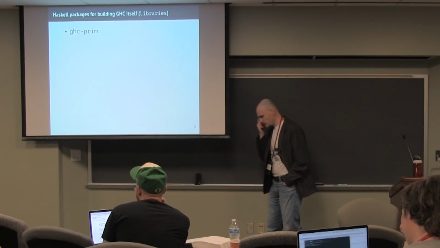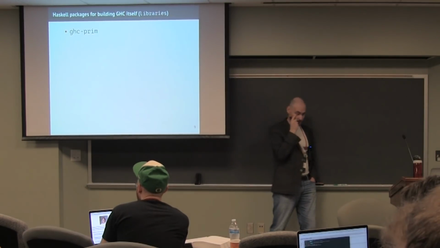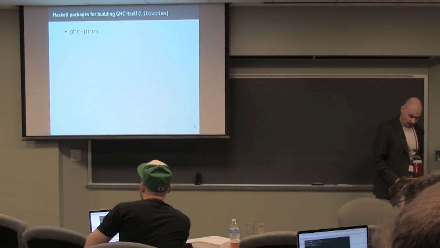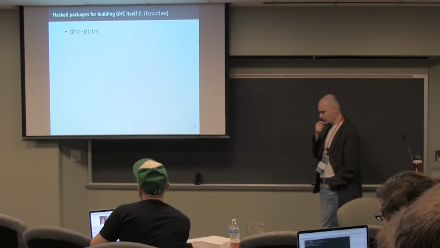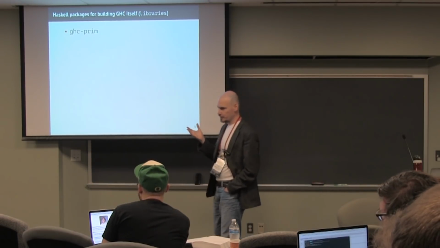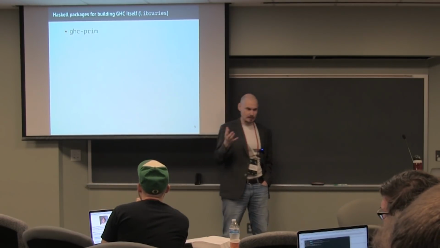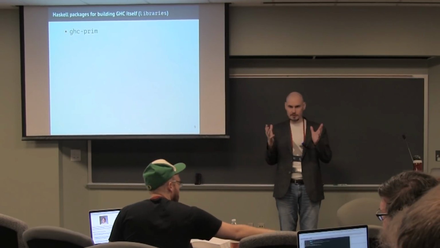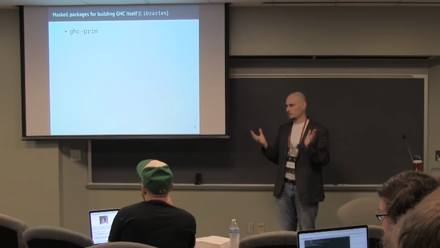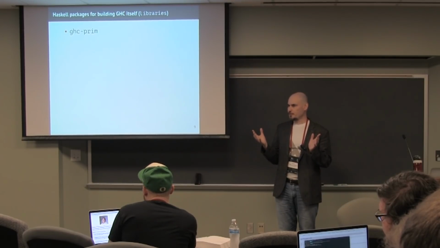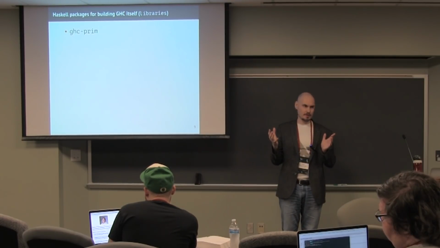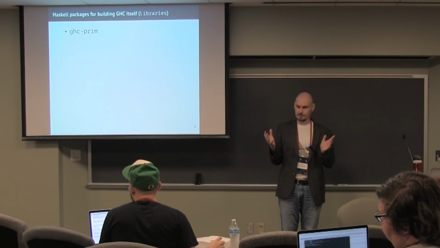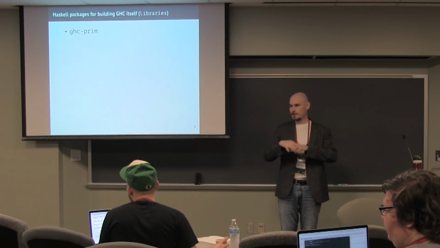So when you write a compiler, it's quite an interesting thing. A regular programmer never thinks about it, but when you have a compiler, you are very limited in the tools that can be used. For example, if you want to implement something in Haskell, well, you need the base library.